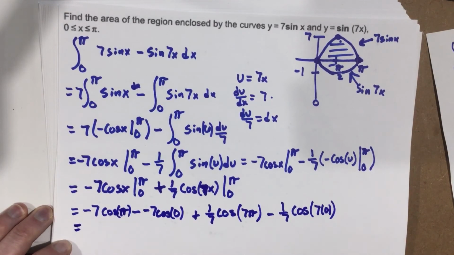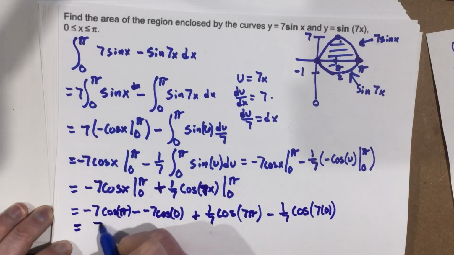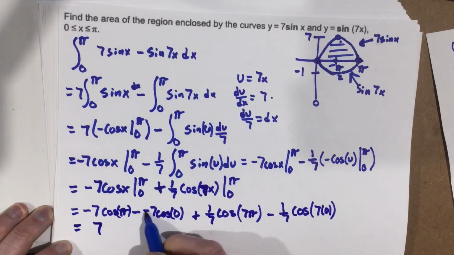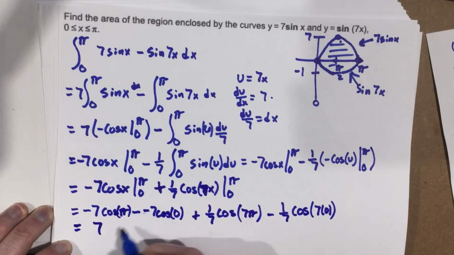Cosine of pi, I know cosine of pi is negative 1, so negative 1 times negative 7 is 7. Cosine of 0 is 1, and this is really just negative times a negative, which is a positive, so plus 7.